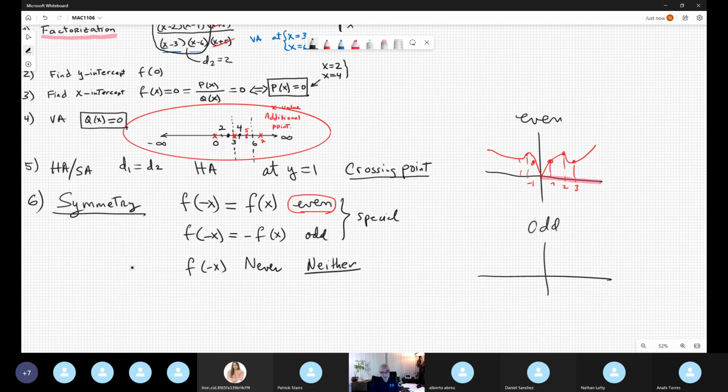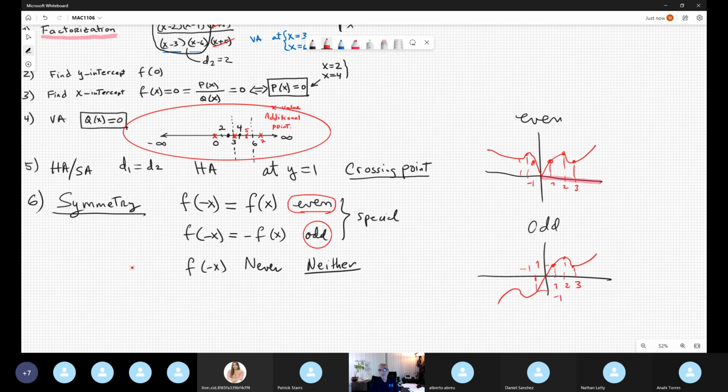However, if the function is odd, the situation is similar, a little bit different. Suppose the function is like that. When you select the values 1, 2, and 3, and previously you analyzed that the function is odd, you know that the y value has opposite sign. So suppose in this case it's 1, then at -1 it would be -1.